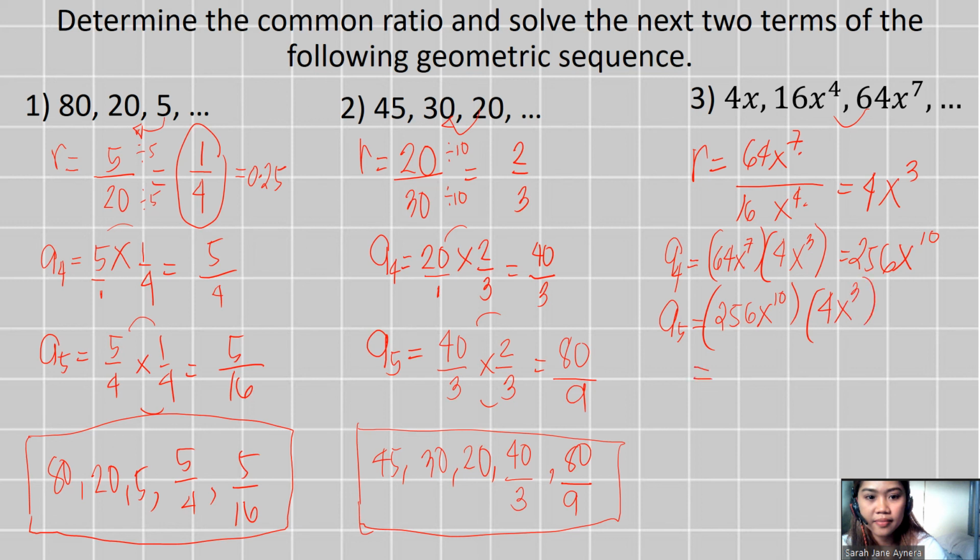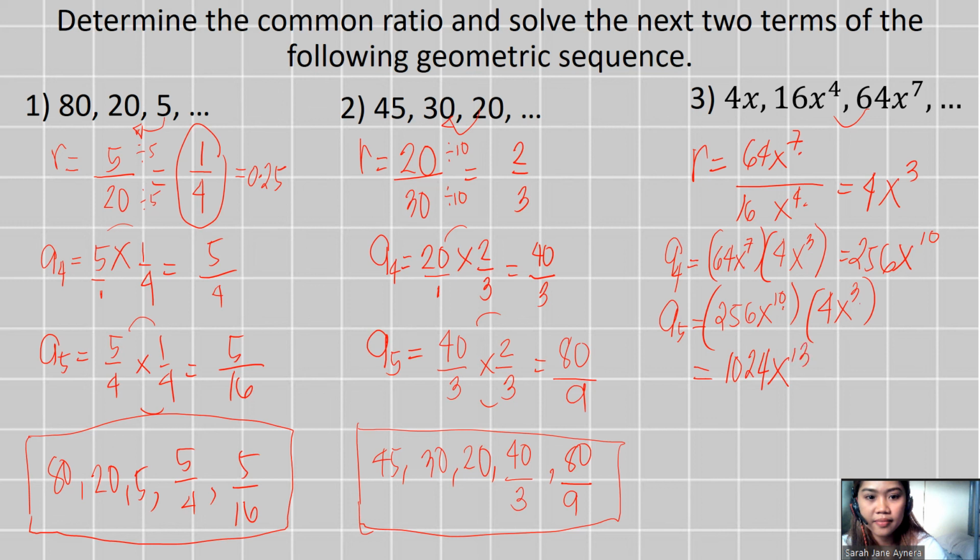We multiply the numerical coefficients 256 and 4. So, 256 times 4, that is 1024. x raised to 10 times x raised to 3. Copy the base, add the exponents. 10 plus 3, 13.